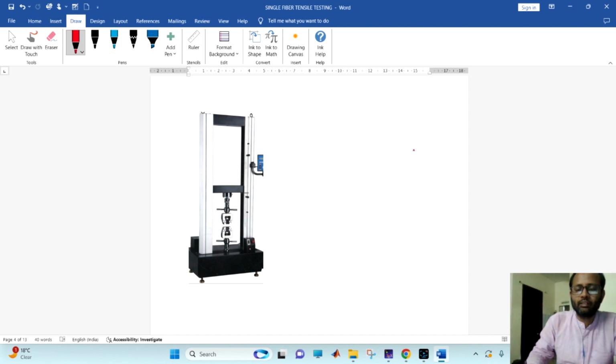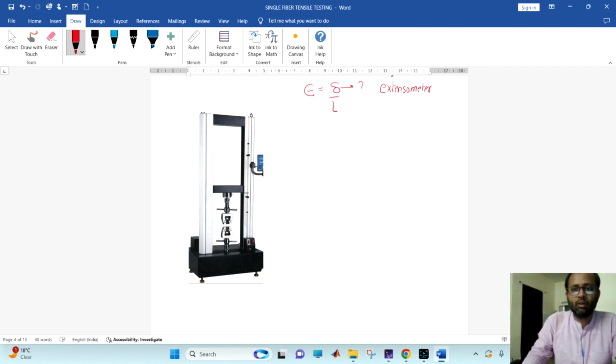Then the strain is equal to del by L, so we have to find out the del. In the last video we saw that for the tensile testing we used the extensometer.